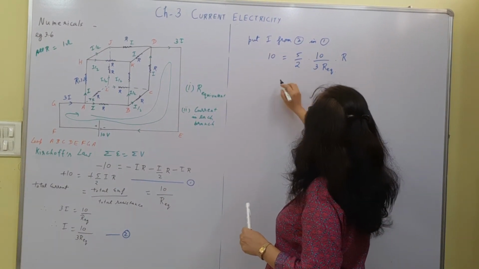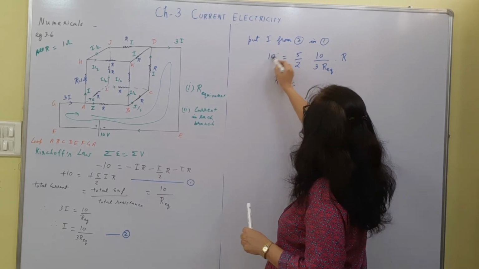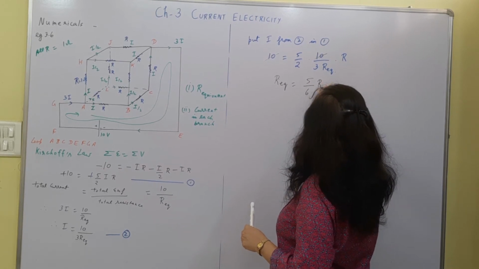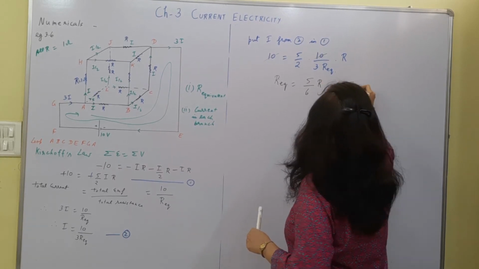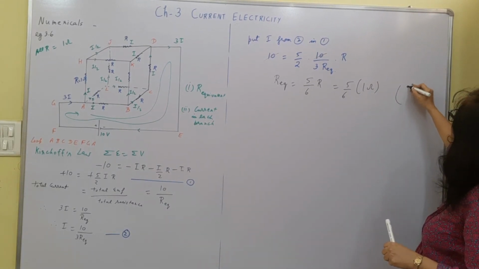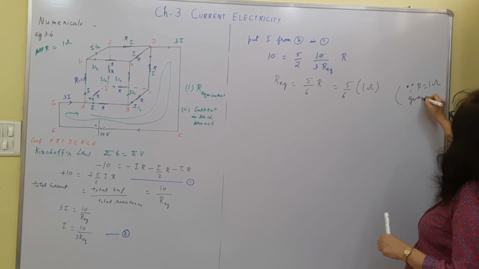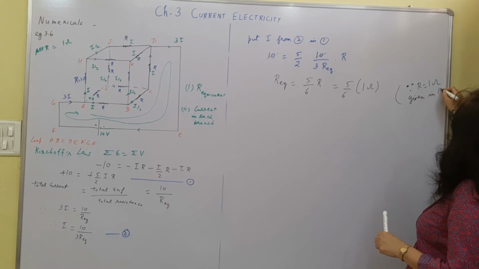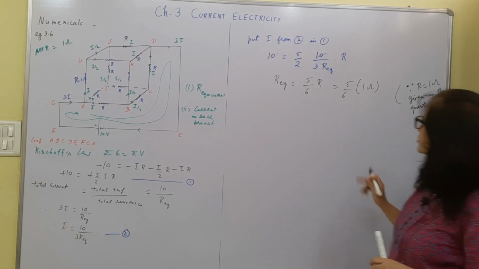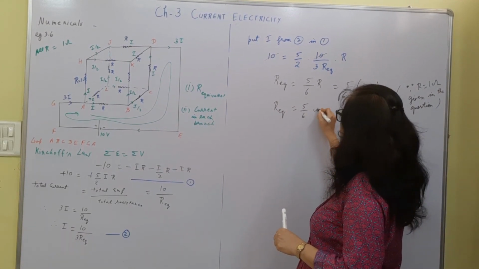So this 10 will be cancelled, R equivalent is equal to 5 upon 6 R. Now if I put R is equal to 1 ohm, given in the question, right? So this becomes equivalent resistance is 5 by 6 ohm.